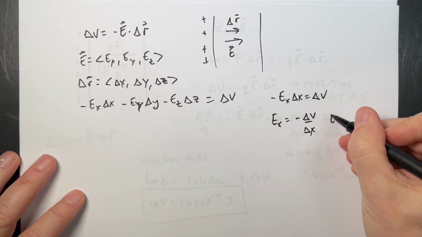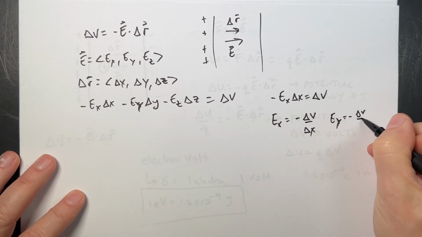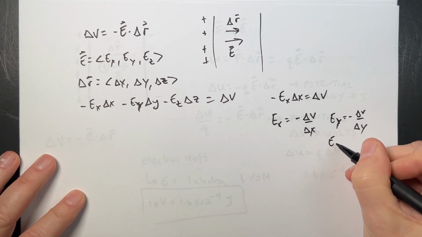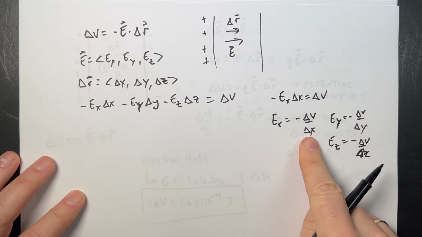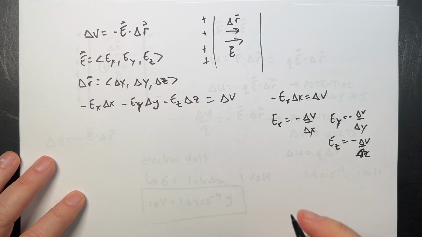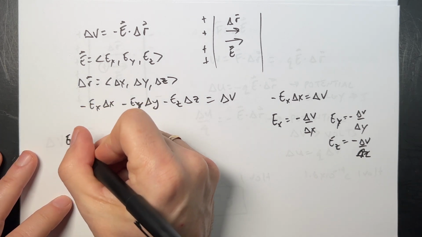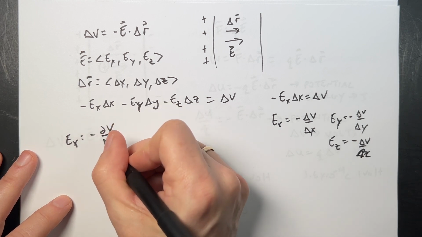And then Ey is negative delta V over delta y, and Ez is negative delta V over delta z. And if I take the limit as delta x, delta y, and delta z go to 0, I actually get this: Ex is negative the partial of V with respect to x.